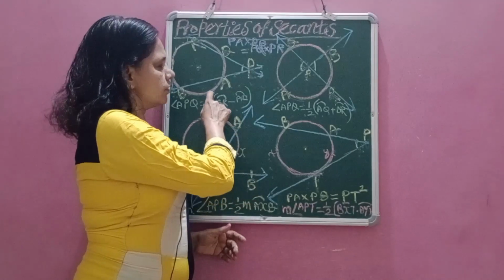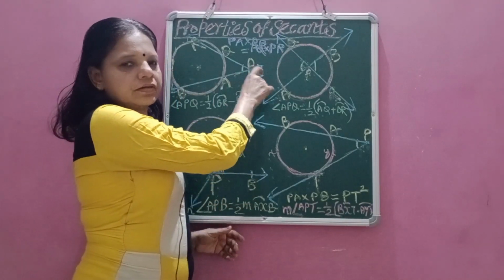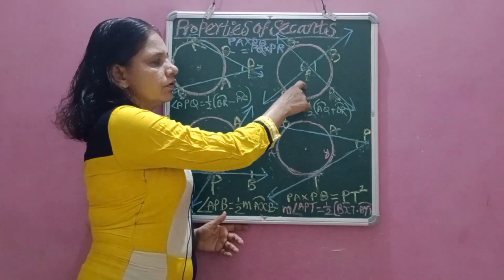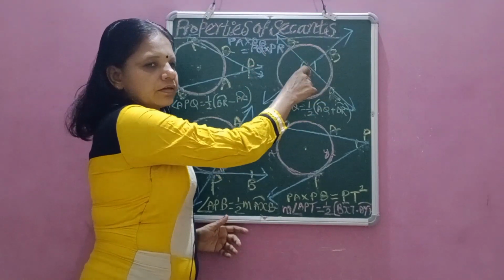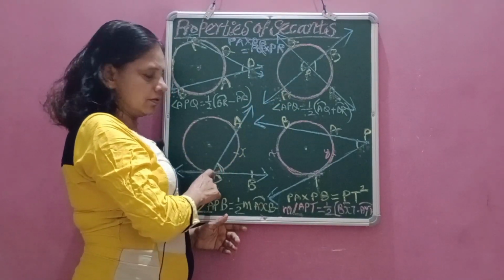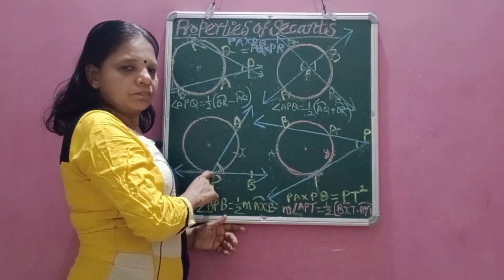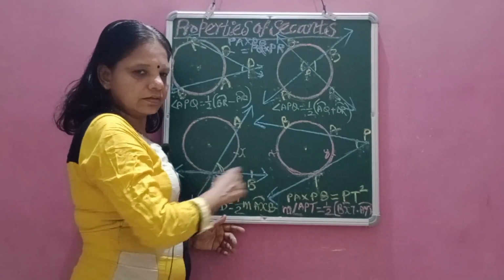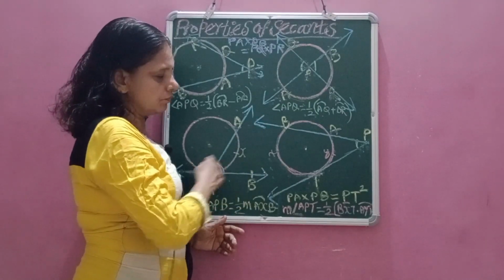Clear? The first figure, two secants intersecting in the exterior. Second figure, two secants intersecting in the interior. Here, two lines intersecting on the circle. In that case, one is secant and the other is tangent.